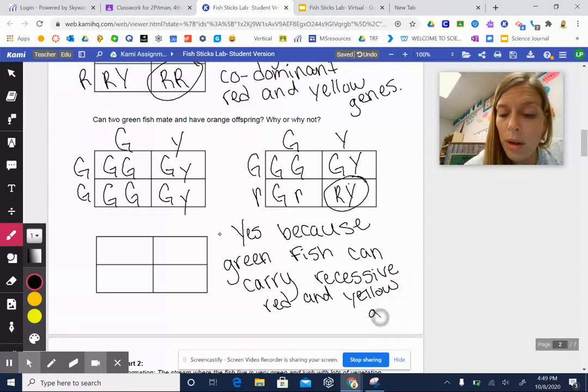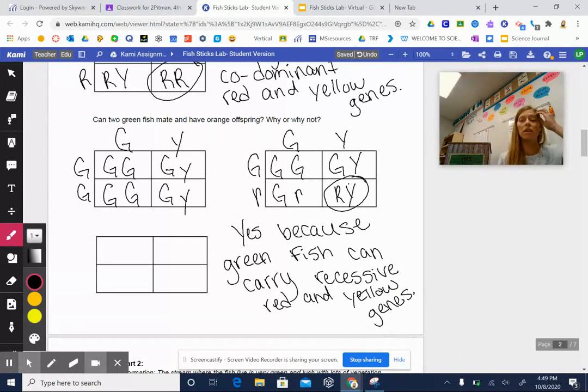And we know those genes combine because they are co-dominant, and that makes our orange fish.